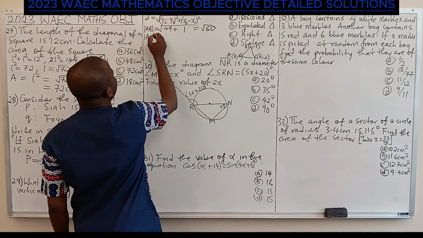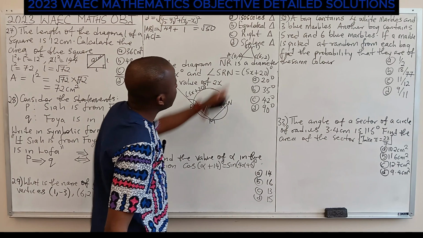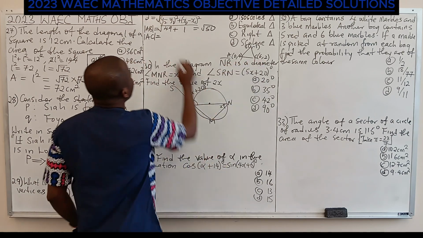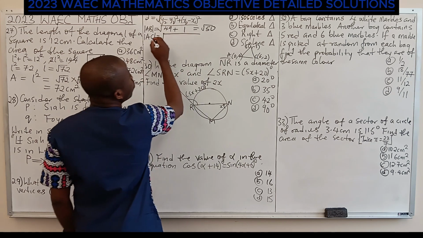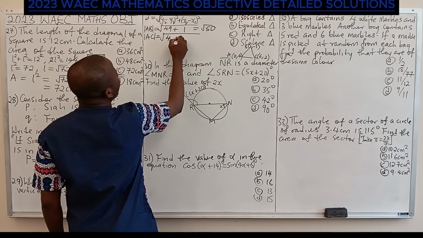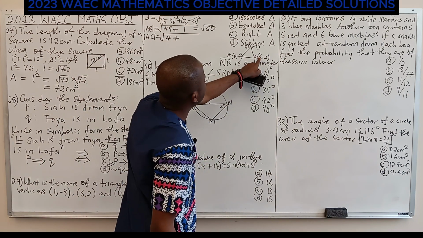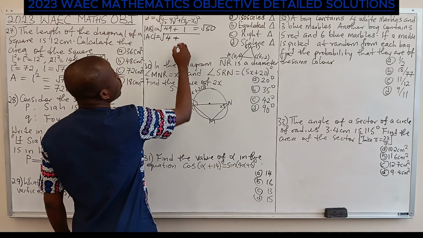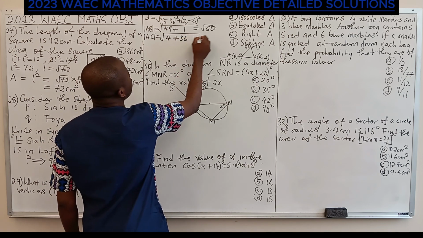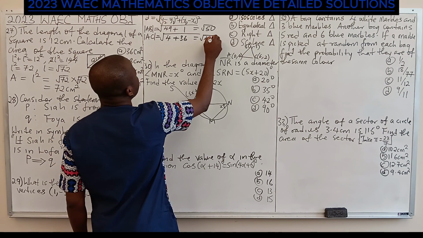Length AC: 2 minus 4, which is minus 2 square, which is 4, plus 6 minus 0, which is 6 square, 36, and this is square root of 40.